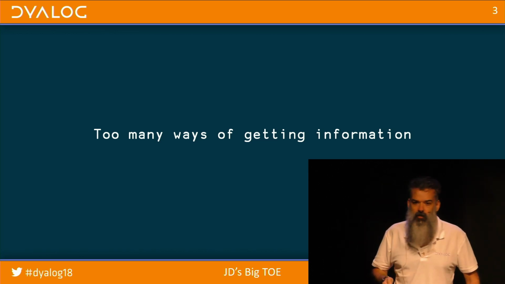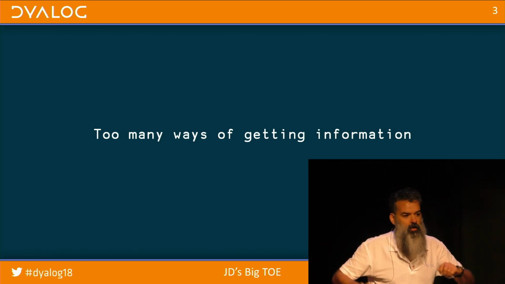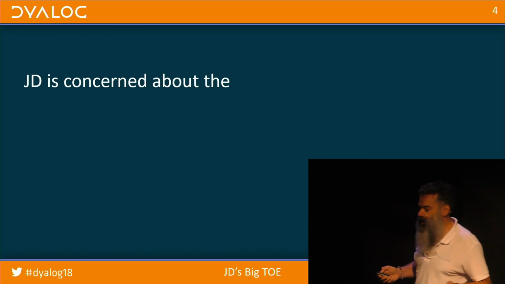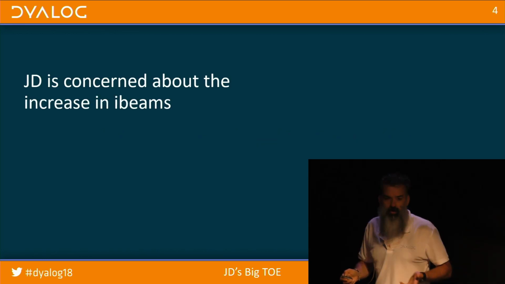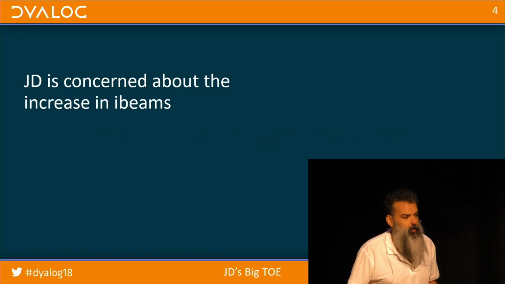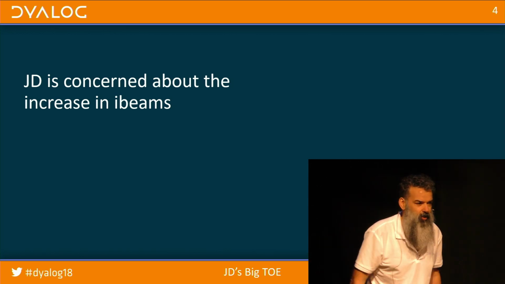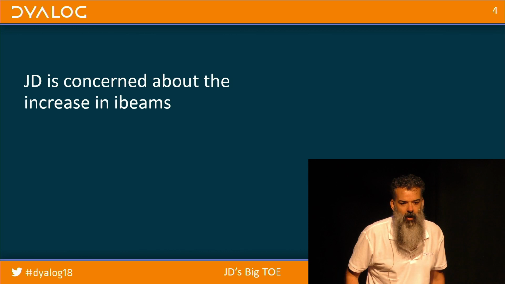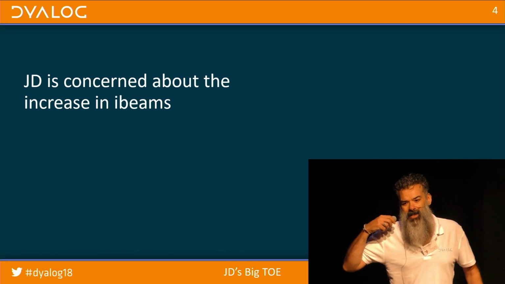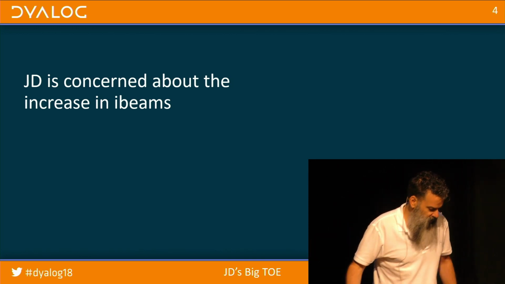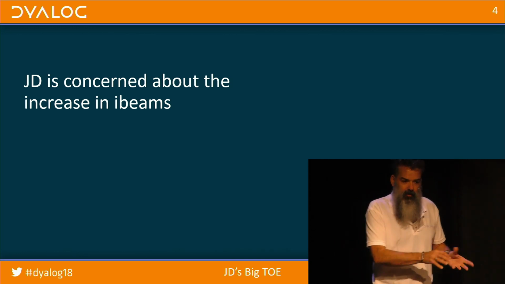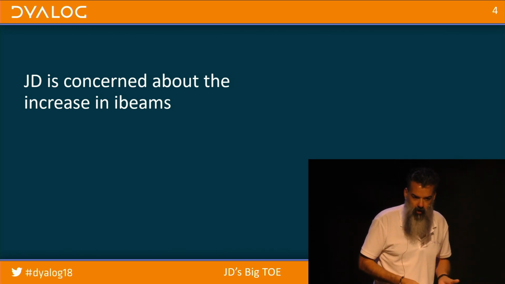But there's too many different ways of interrogating bits of the system to find out what's going on. And we keep adding new ways of doing this. Recently, we've added I-beams, which is a fairly bizarre way of putting in some functionality that we're not completely confident about, or isn't really languagey enough to warrant a primitive, or isn't a well-baked enough idea to warrant being a system function, and so on.